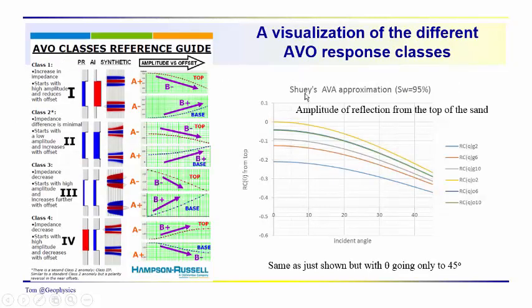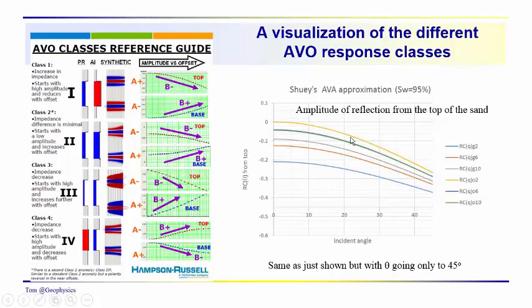So the AVO response then, if we think about stacking, this would be if we went out there and used our geophysical logs from a borehole, we'd calculate reflection coefficients, which would effectively be zero offset reflection coefficients, and these would be the zero offset reflection coefficients here for these different classes of anomalies. Now if we stack all the responses from all the traces in the gather, which have varying incidence angle, then we'll have a negative amplitude reflection out here at the longer offsets, larger incidence angles than we do at the zero offset.